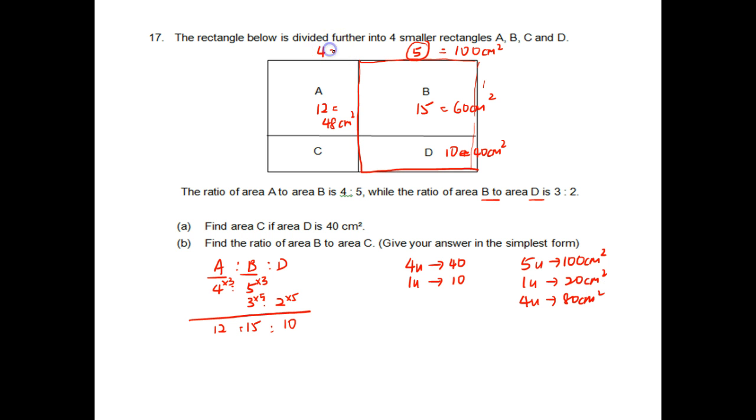So this one is 80 cm square, A is 48 cm square. So C, so this is 40, 60, 48. Right? So 80 cm square minus 48 cm square, which is 32 cm square. So my C is 32 cm square.